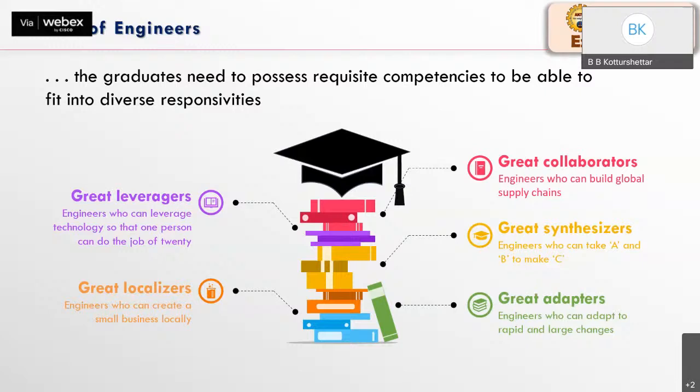They may have to become leveragers, collaborators, synthesizers, adapters, and each of these responsibilities demands certain skills among our graduates. And when we address these 12 plus, say, 3 program specific skills, we can say that we have prepared our graduates for any of these diverse roles and responsibilities.